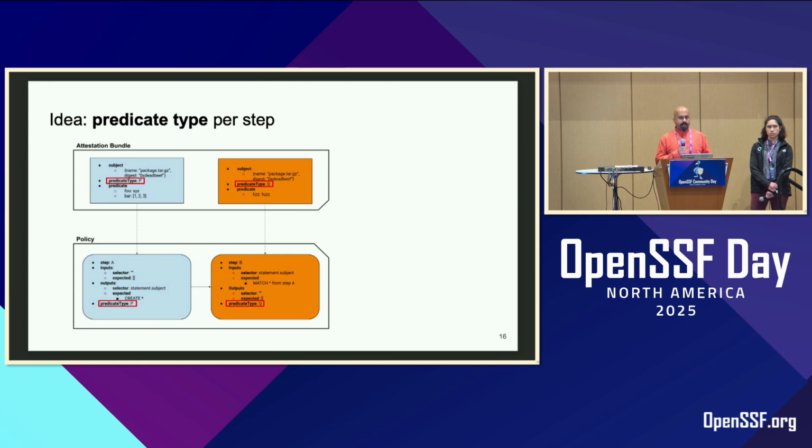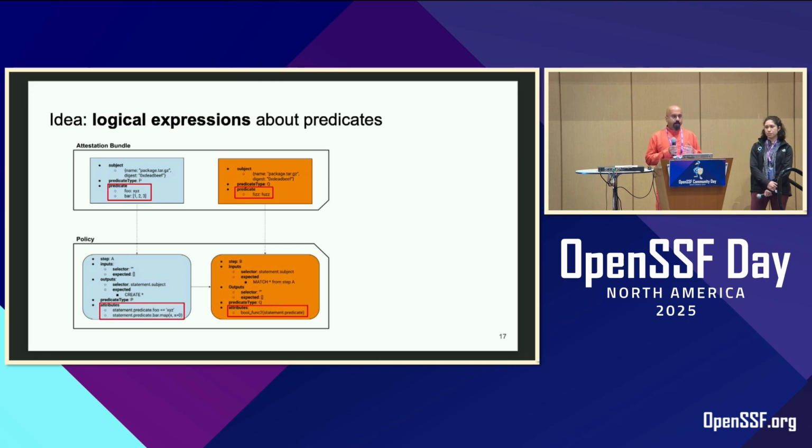Okay, so the next simple idea, add the predicate type to the step. So you can do nice little things like a policy engine could do type checking here if it wanted to, because now you specified the type. And what can you do with that? Once you've checked the type, now you can do powerful things like checking logical expressions you might want to test against the predicate.